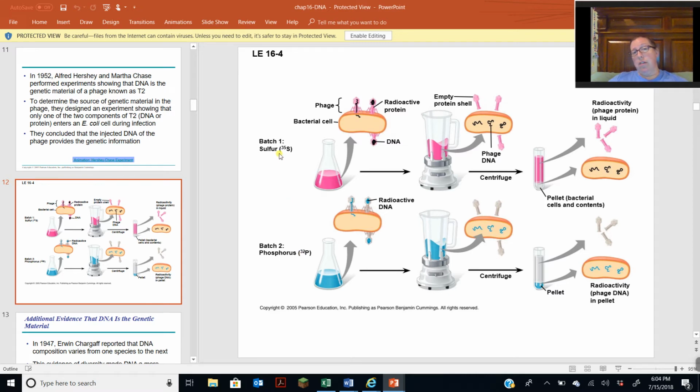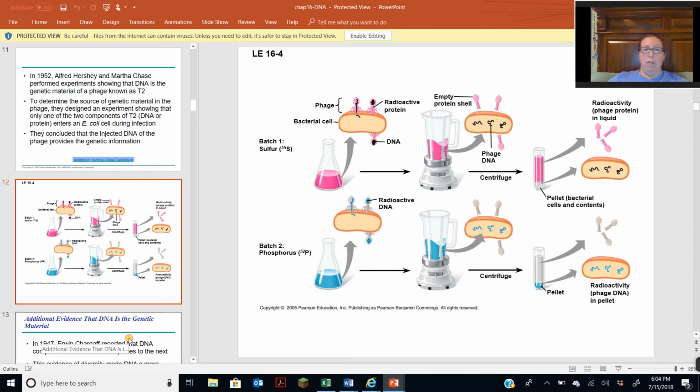And in protein, we know that there are sulfide bridges and that a component of it is sulfur. So they radioactively labeled both. These are two very different labels. They're showing you blue and pink, but they're not really blue and pink. They're showing you that indeed it was the DNA that was the source.